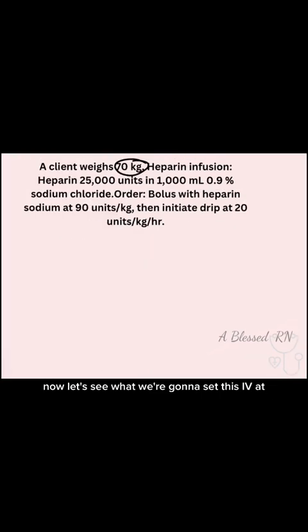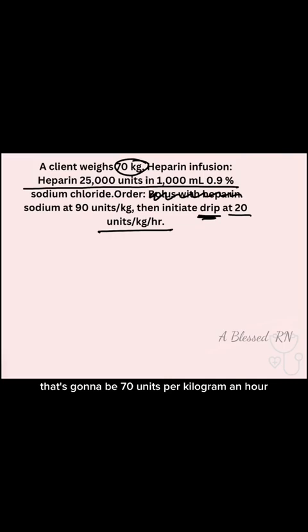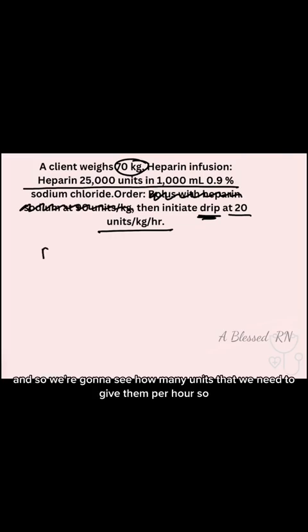Now let's see what we're going to set the IV at. All right, so we've got the 70 kilograms. You've got your drip, which is going to be 20 units per kilogram an hour, and then we still have the same drug. So we're going to see how many units we need to give them per hour.